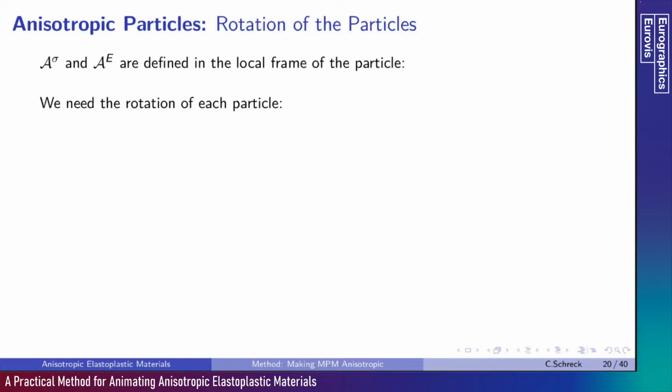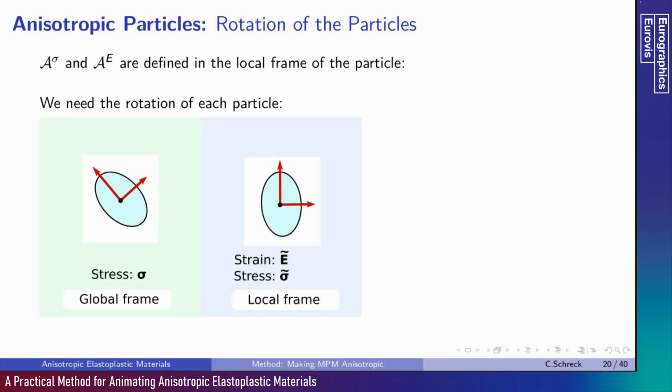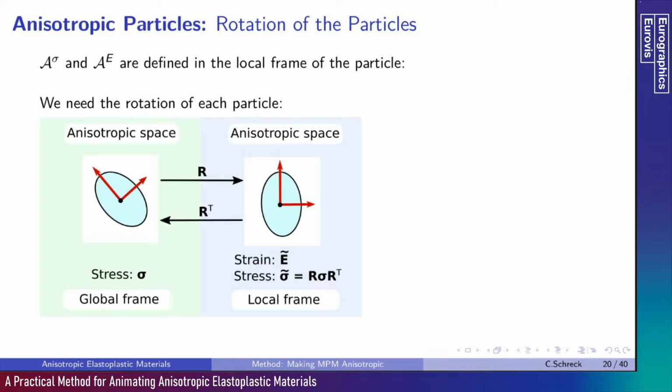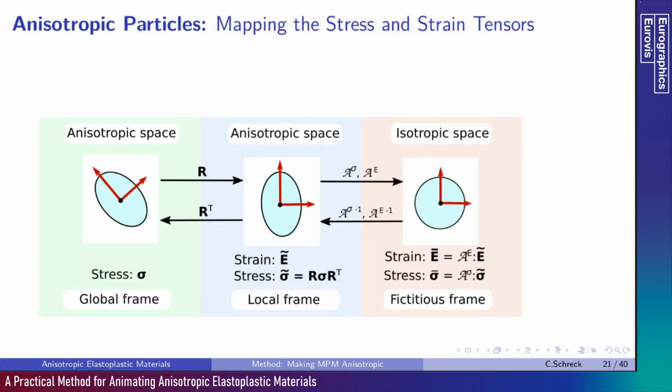The anisotropy direction depends on the orientation of the material, so we need also to know the rotation of the particle, so we can apply the mapping in the local frame of each particle. So now we know how to map the stress and the strain for each particle, and switch between the real anisotropic space and the fictitious isotropic space.